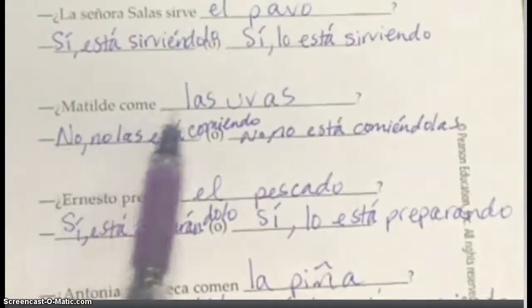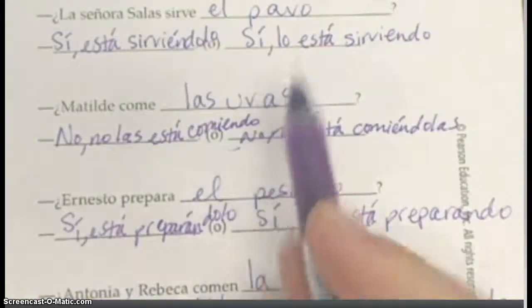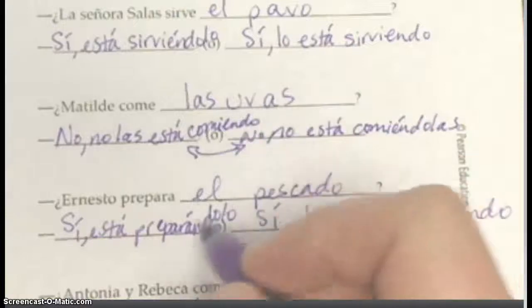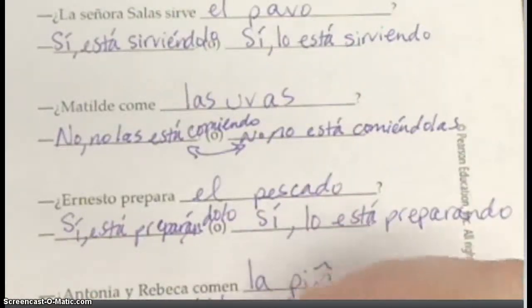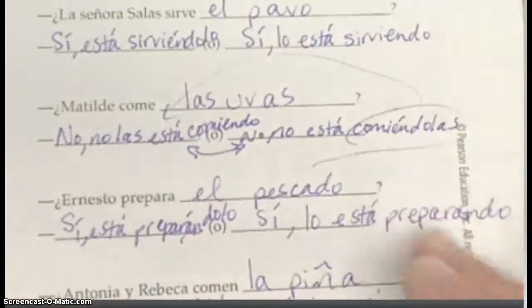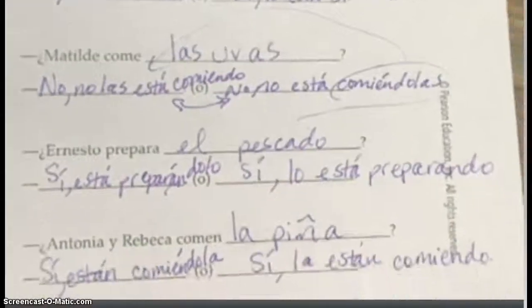Matilda come las uvas, no, no las está comiendo, or no, no está comiéndolas. I accidentally switched those. It doesn't really matter that I switched them, but the trend has been that it's always been preparándolo, comiéndola, whatever. It doesn't really matter, again, but just if you're paying attention, there's no reason for that. I just made a mistake.